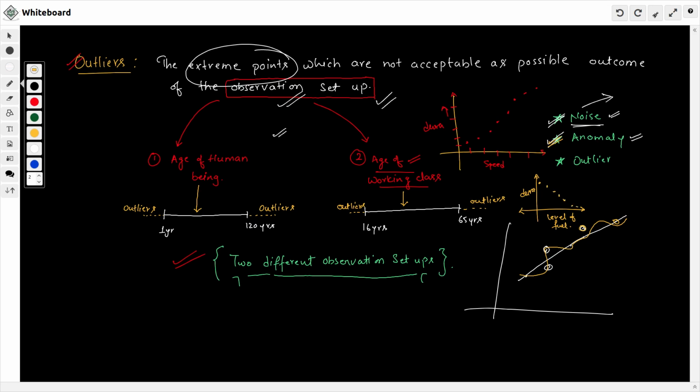So it will have this sort of relationship. Let's suppose some of these points got mixed with this data set. We'll have some points distributed like this, and these points will make an anomalous pattern in our data. These points individually will be termed as anomaly.